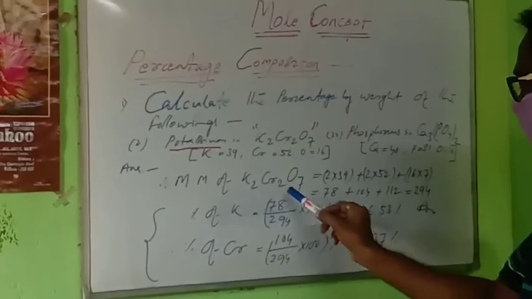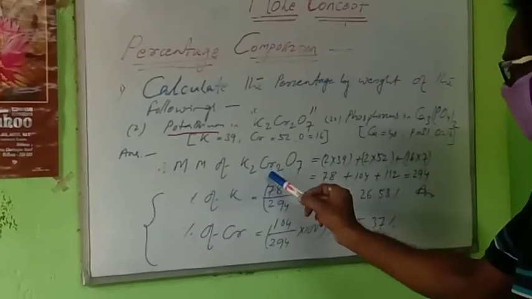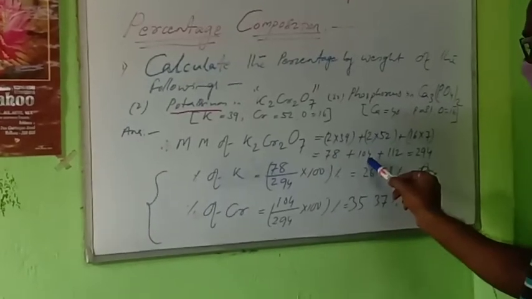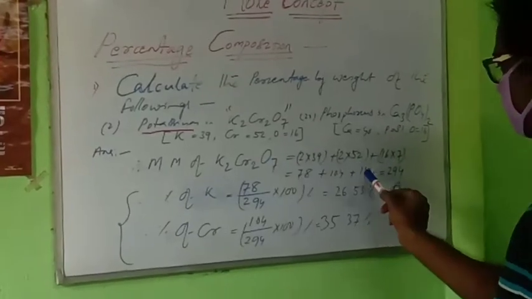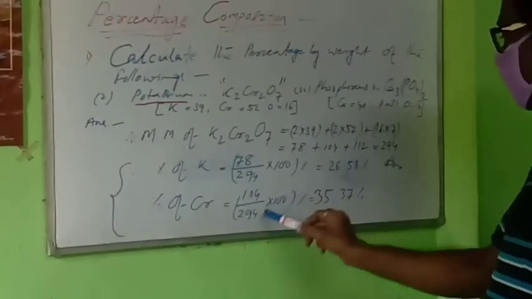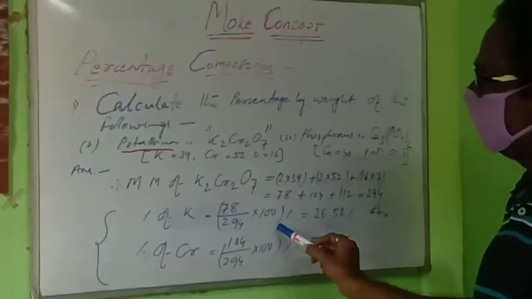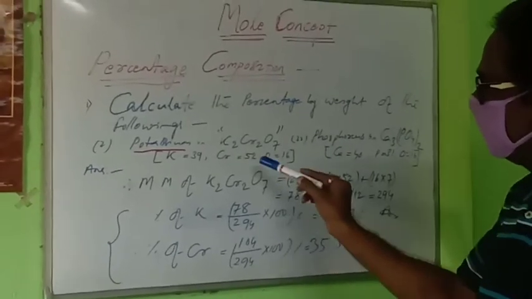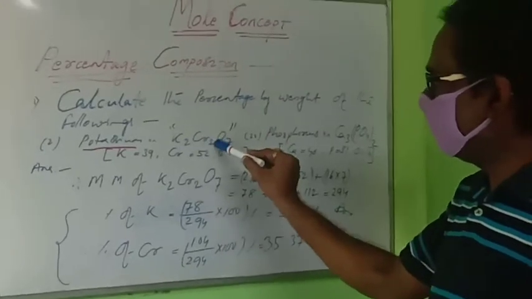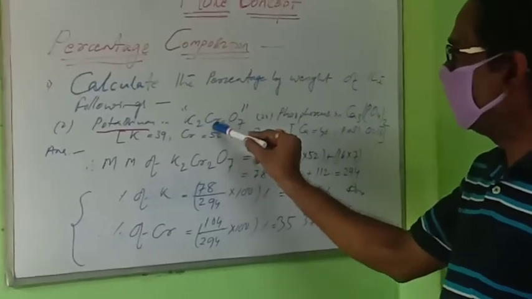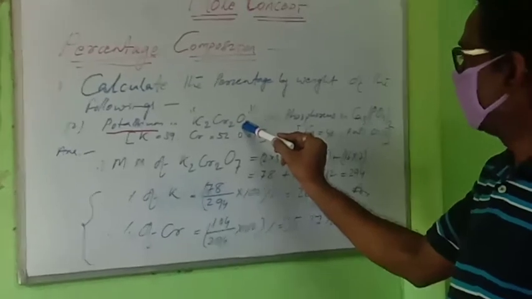Chromium is 104 by total into 100. Oxygen is 112 by 294 into 100. The compound is potassium dichromate, K2Cr2O7.